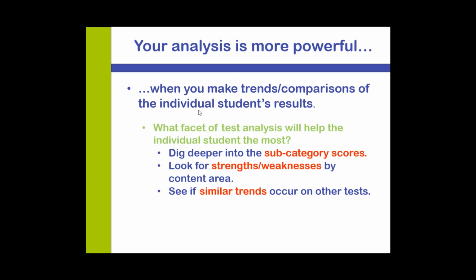So when we dig into individual student results, one of the things that I would really encourage you to do is to go for those more subcategory, those more granular scores. So maybe the NCLEX client needs right now would be one of the ways that you have your item bank earmarked with physiologic, psychosocial indicators in the safe, effective care environment and such.